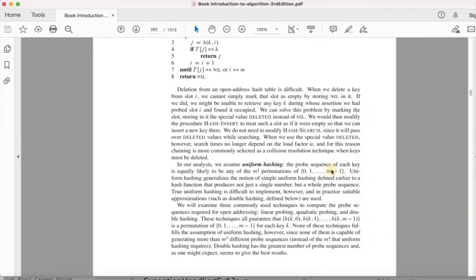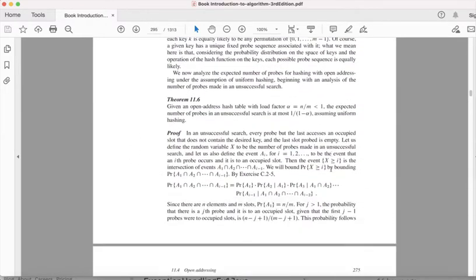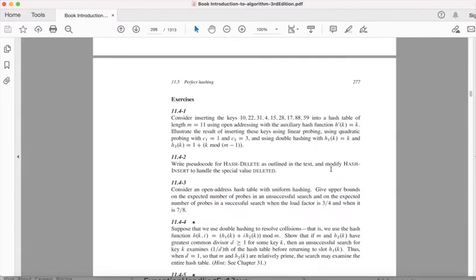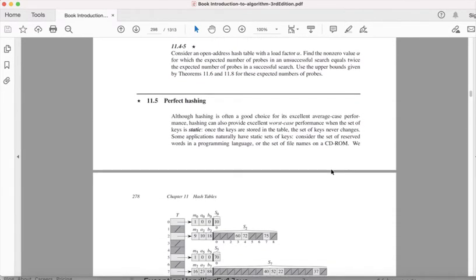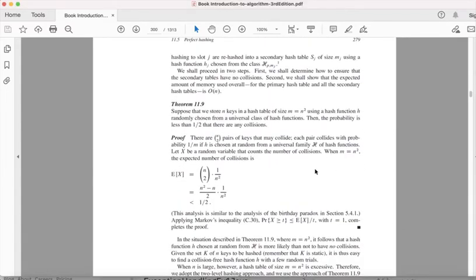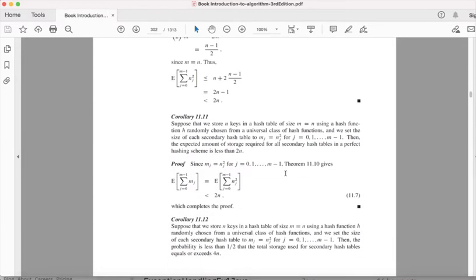I would like you to read through the book chapter, and then we will understand this. There is another hashing called perfect hashing; maybe I will give another lecture to discuss this.